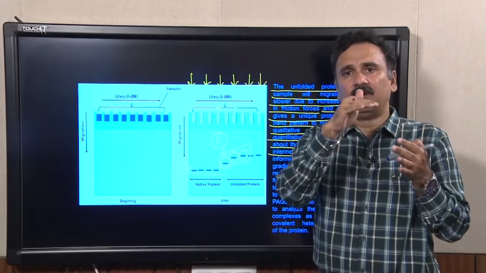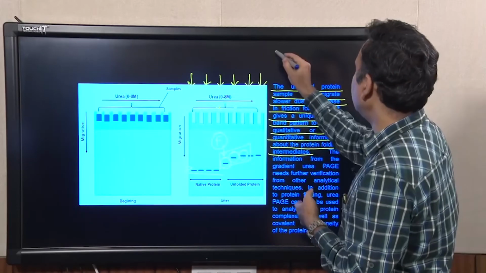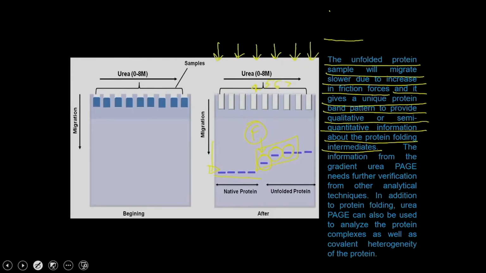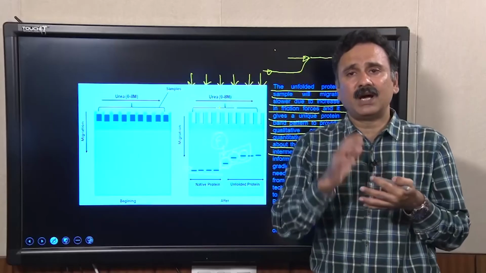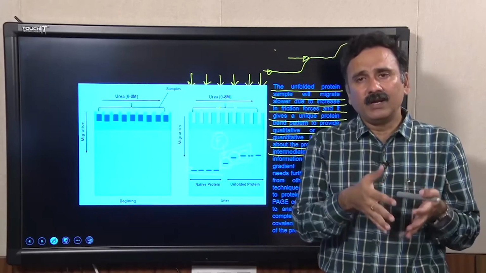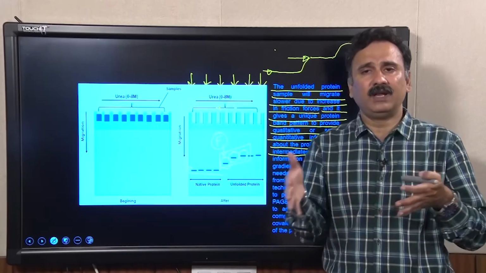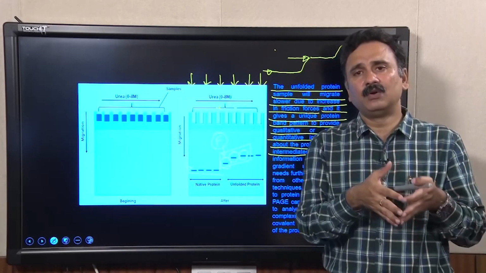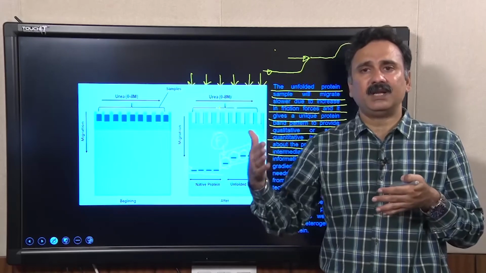It is like this, right? It remains native, then unfolds, then remains like this, then unfolds. So, it can give multiple steps in the folding, and that says the protein has multiple regions which fold with different kinetics, and their stability to the denaturing agents is also different.